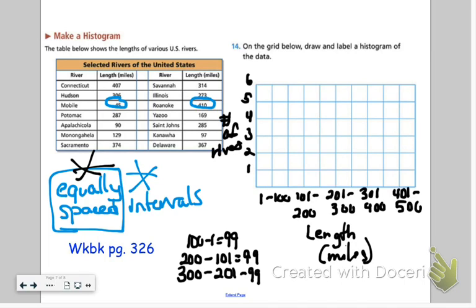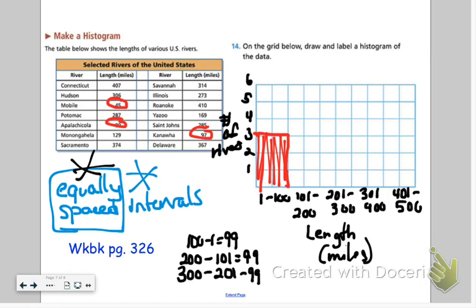Let me just erase these so we don't have those. 1 to 100 would be 45, 90, 97. Looks like we have 3 in the 1 to 100 area.